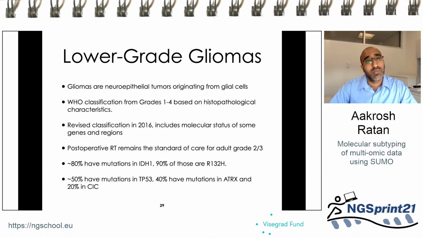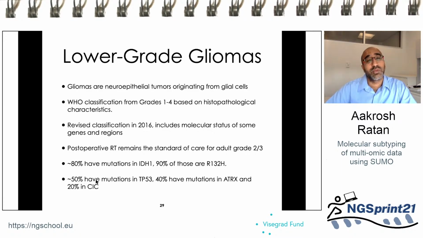One of the interesting things about lower grade gliomas is the standard of care still remains post-operative resection. So you basically operate and then give therapy, and it remains the standard of care. An interesting molecular characteristic of lower grade gliomas is that about 80% of patients have mutations in IDH1, and 90% of the mutations are R132H.